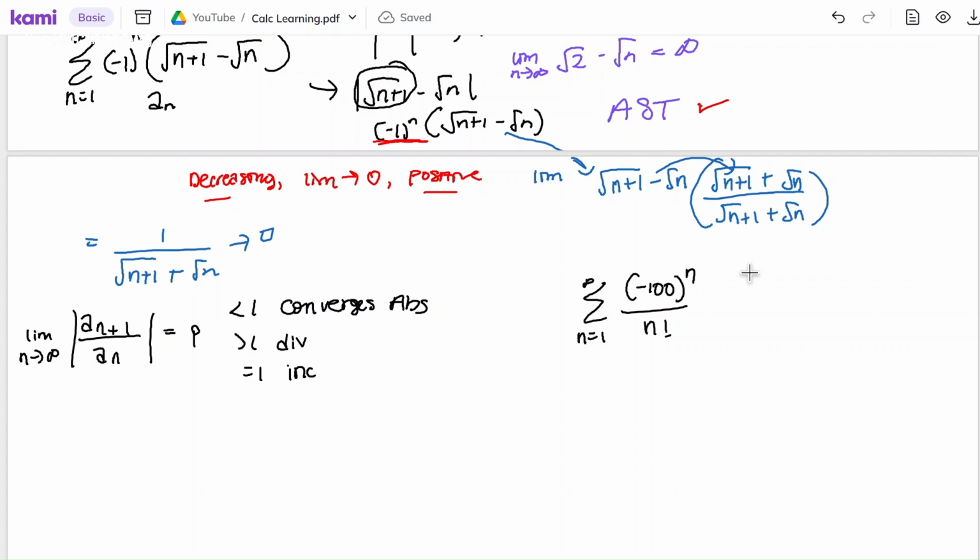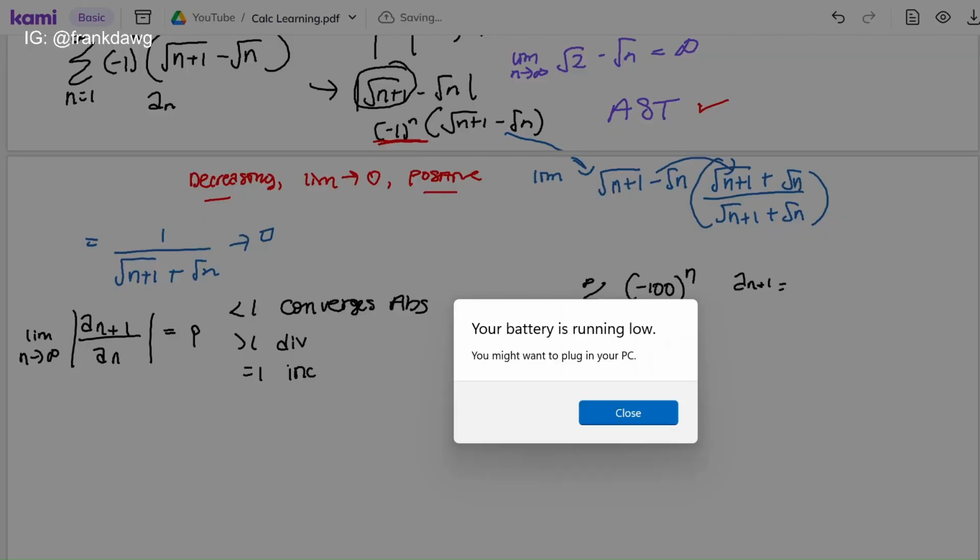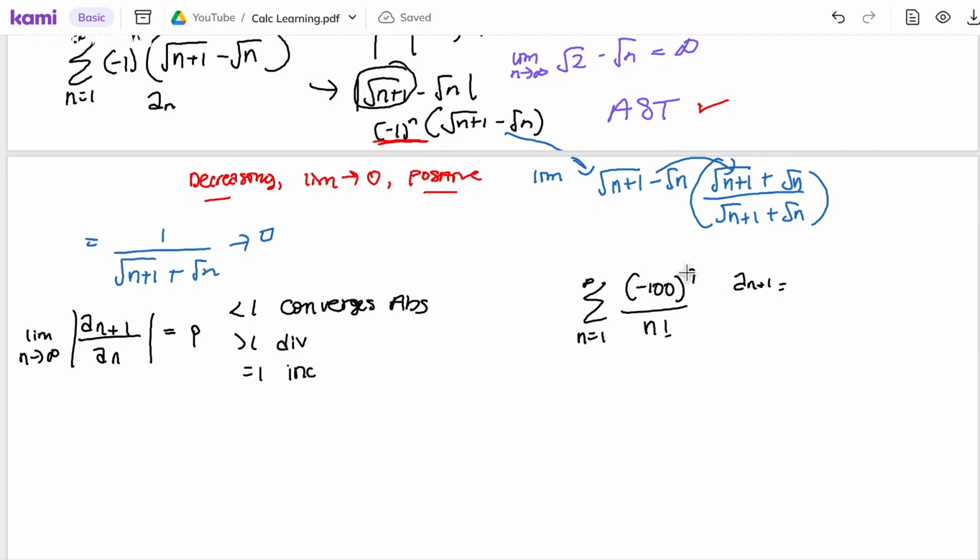So what does a to the n plus 1 look like? It's just whatever n is, add 1 to it. Sorry about that, my PC's running low. So over here, you have negative 100, and then you have n. Just add 1 to the n. And then with the factorial, you have n factorial, just add 1 to the n. Then put the parentheses as well.